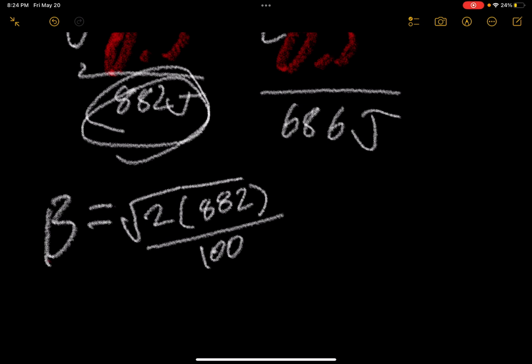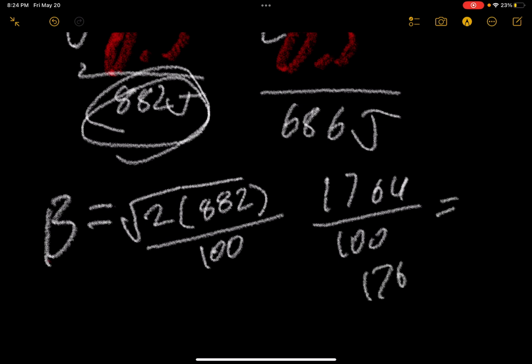882 times 2 is 1764, over 100, which then simply equals 17.64. Square root of that. These will never come out the same.